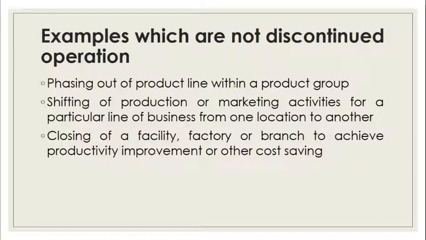But if ever kanilang product line, specific product line lang, it is still part of a bigger group. So, kana siya, di na siya matawag na discontinued operation. Shifting of production or marketing activities for a particular line of business from one location to another. Closing of a facility, factory, or branch to achieve productivity improvement or other cost savings. So, these are not considered as discontinued operations.